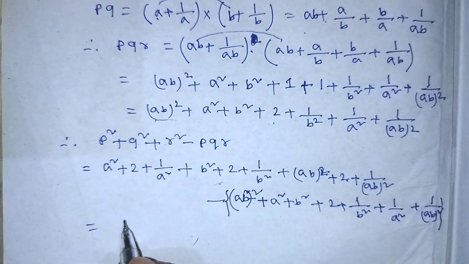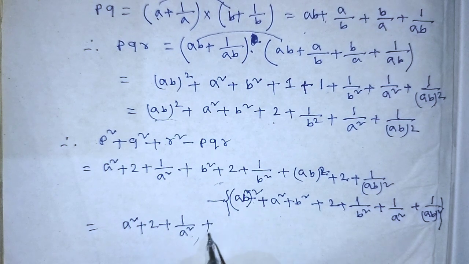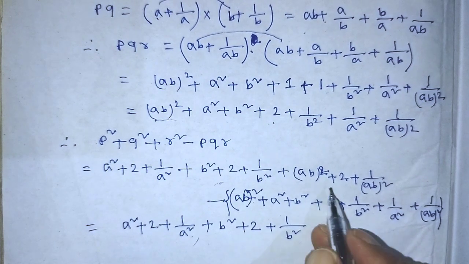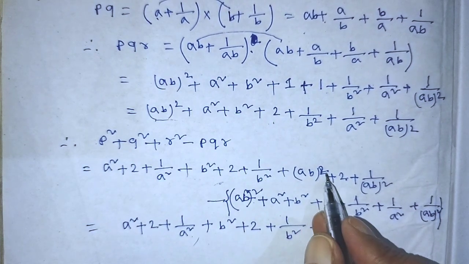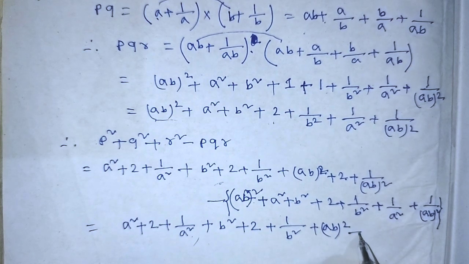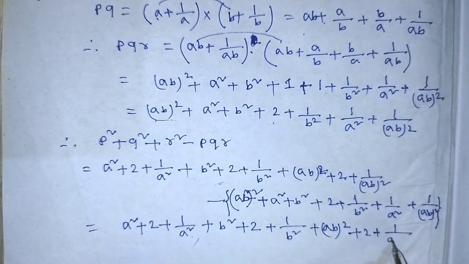So now we can write from this algebraic expression a square plus 2 plus 1 over a square plus b square plus 2 plus 1 over b square plus (ab) whole square plus 2 plus 1 over (ab) whole square.